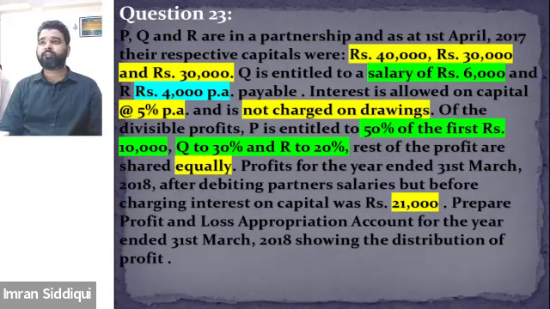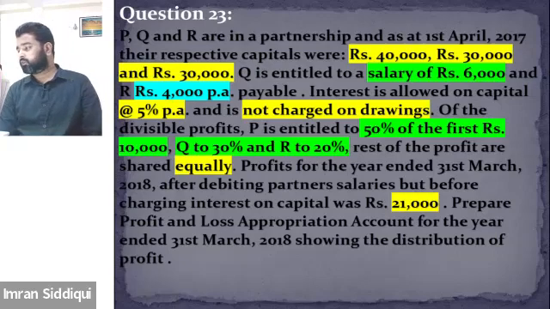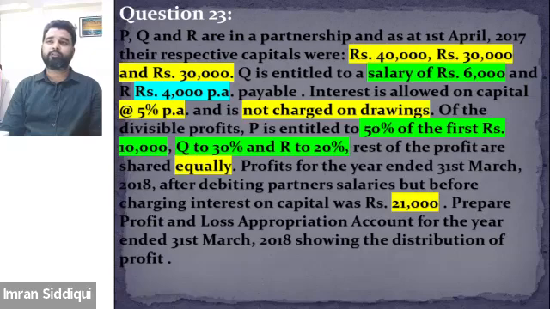Otherwise, everything in this question is easy, and you will be able to solve this. So guys, I'm giving you 10 minutes. Prepare the P&L appropriation account and record the items on the relevant side, and then I'll show you my solution.